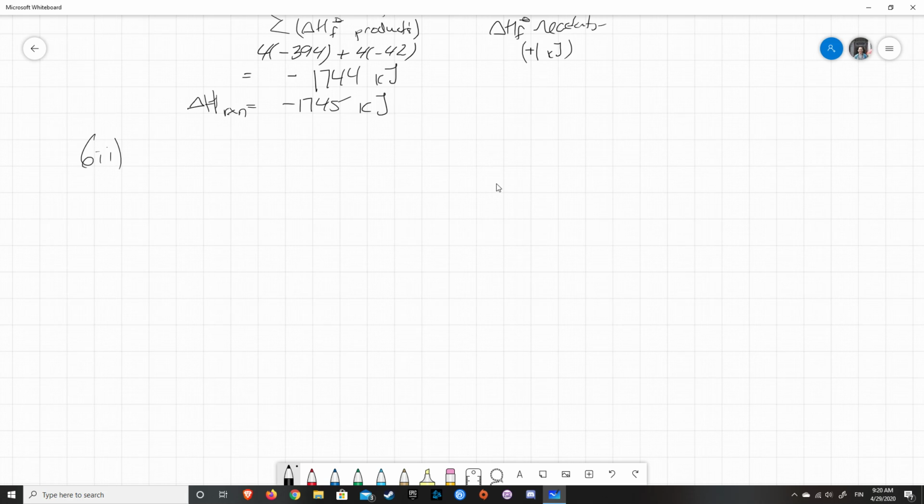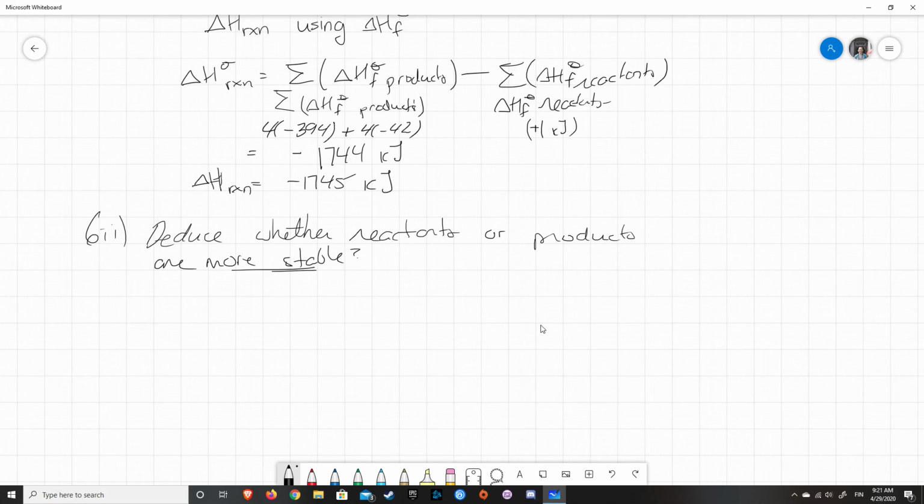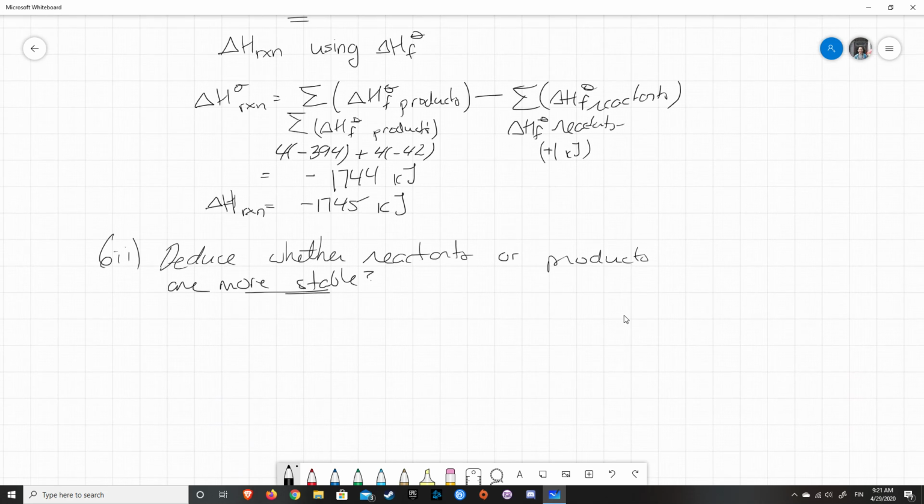So now it says deduce whether reactants or products are more stable. So deduce whether the reactants or the products are more stable. Now we just need to look at the energy required to form them.